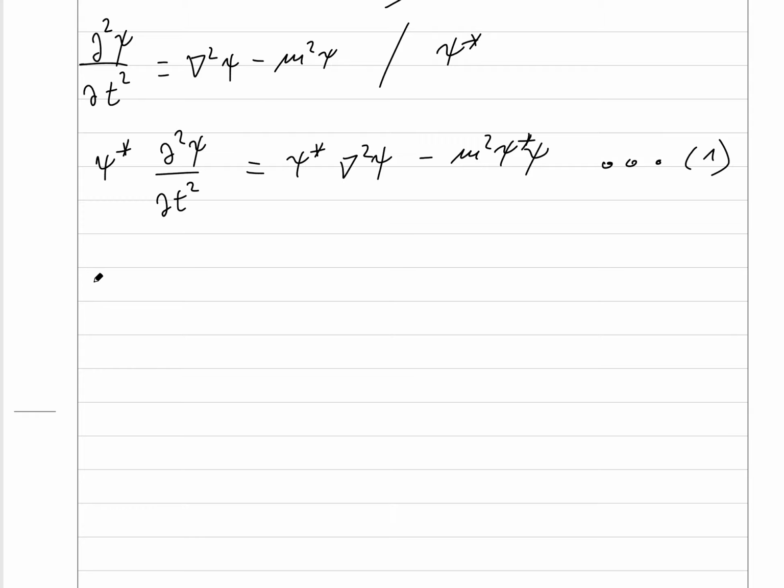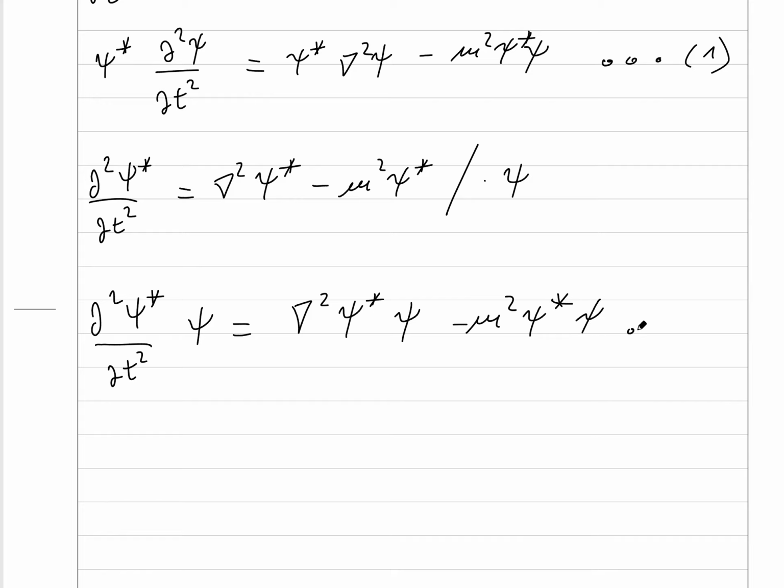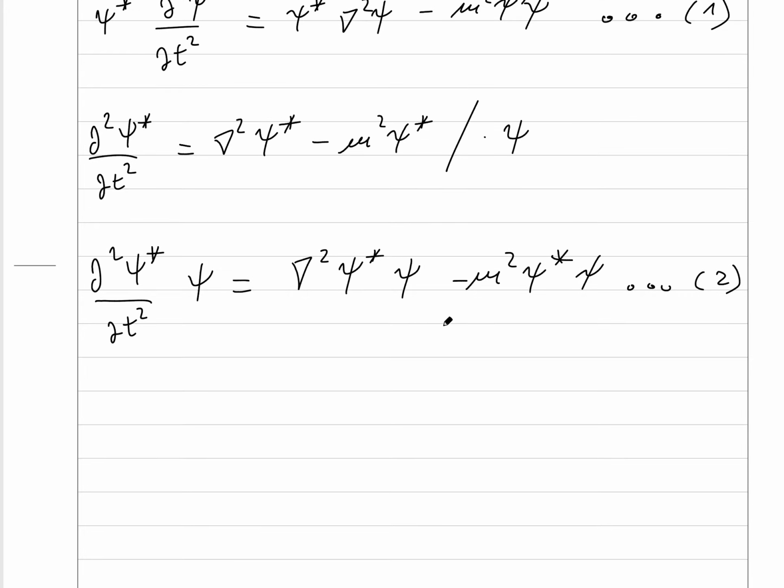So in this case it would be partial squared psi star over partial t squared, minus del squared psi star, minus m squared psi star, and then in this case we multiply on the right with psi, and you get something like the first term times psi, minus del squared psi star psi, minus m squared psi star psi. So this is the second equation.